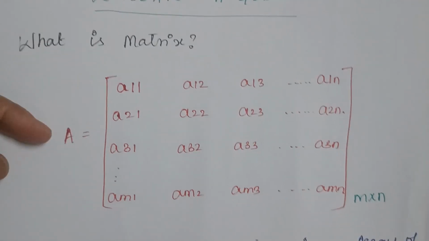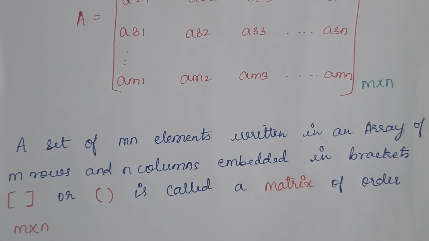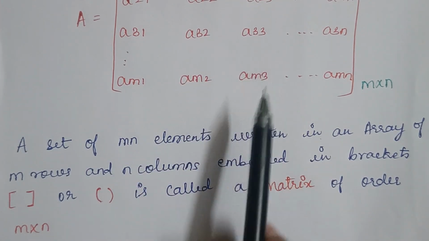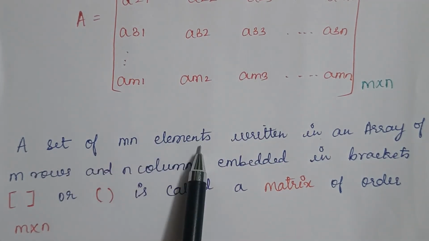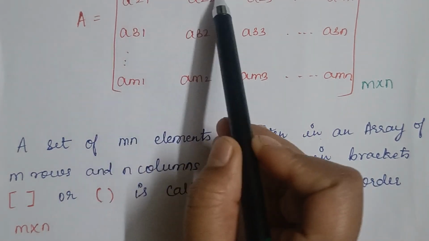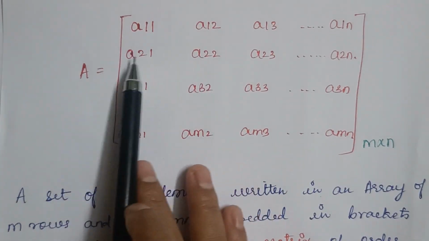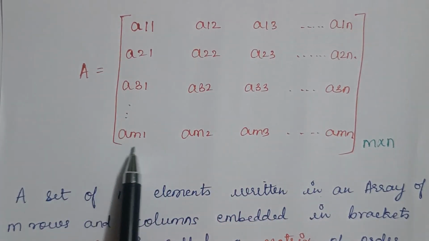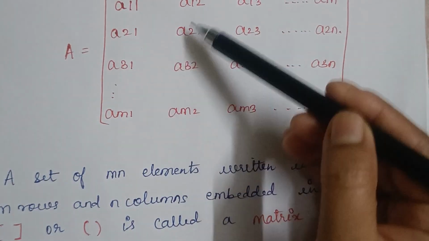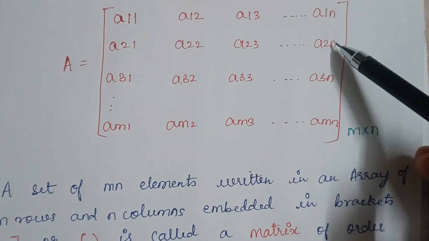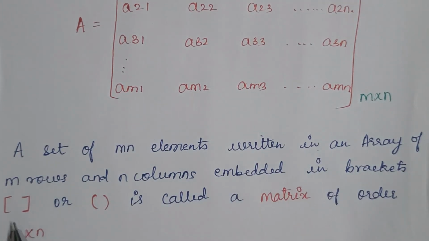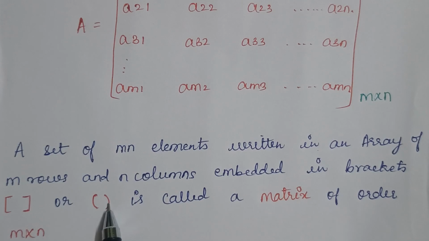Okay, so we'll go with the definition now. Here we have a set of mn elements, which I already discussed: a set of mn elements written in an array of m rows, that is, first row, second row, third row, and so on till the m-th row, and n columns, first, second, third, until the last n-th column, embedded in either this bracket or this bracket.